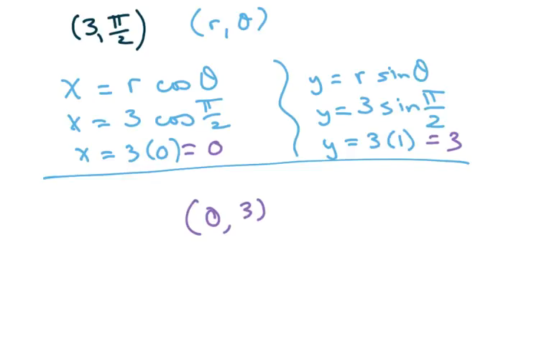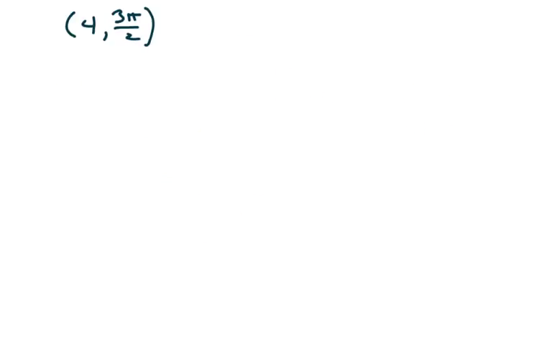All right? Now, the next ones, we're going to go a little faster. So we have 4 comma 3 pi over 2.